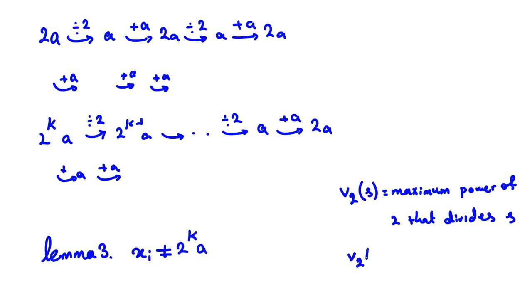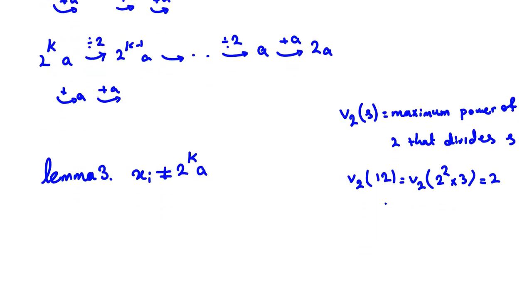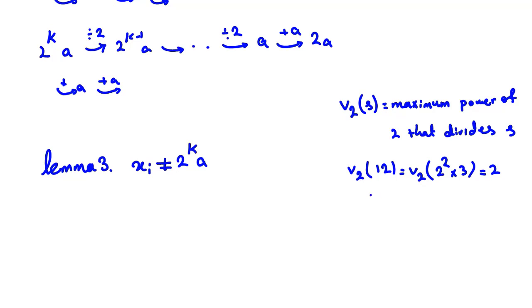For example, v2 of 12 is what? 12 is 2 squared times 3, and look at this part, it's 2. The maximum power of 2 that divides 12 is 2 to the 2. 2 to the 3, 8, doesn't divide this. For example, v2 of 30: it is 2 times 3 times 5. The maximum power of 2 that divides this is 1, because 2 to the 1 divides 30, but 2 squared doesn't divide this. Okay.